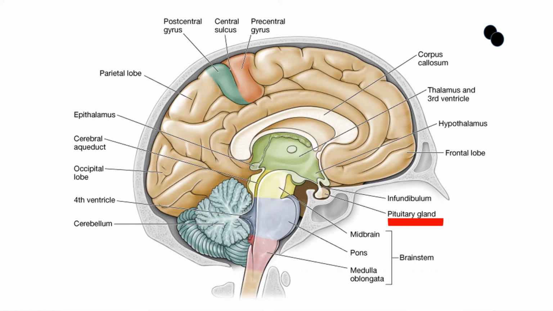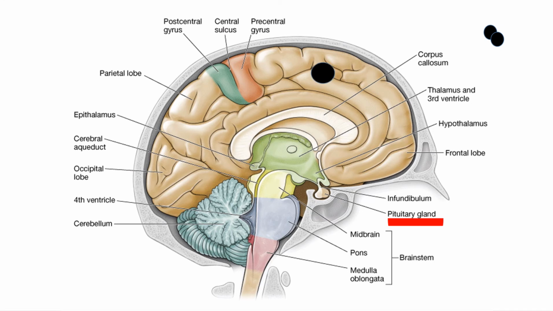We had a look at a superior view of the brain. We have looked at the lateral view, and then the inferior view. Now we need to look into a sagittal view of the brain, and this is what we see.